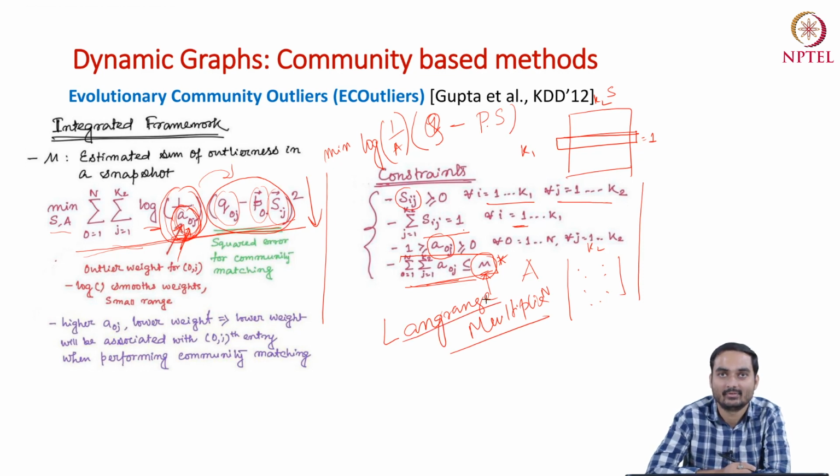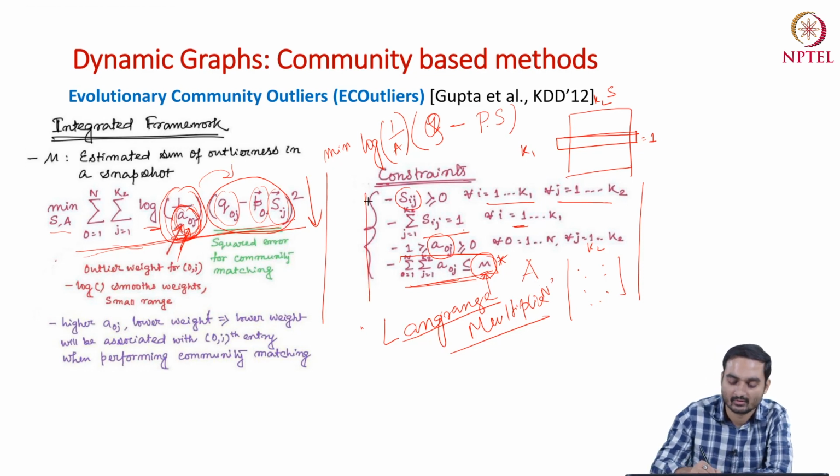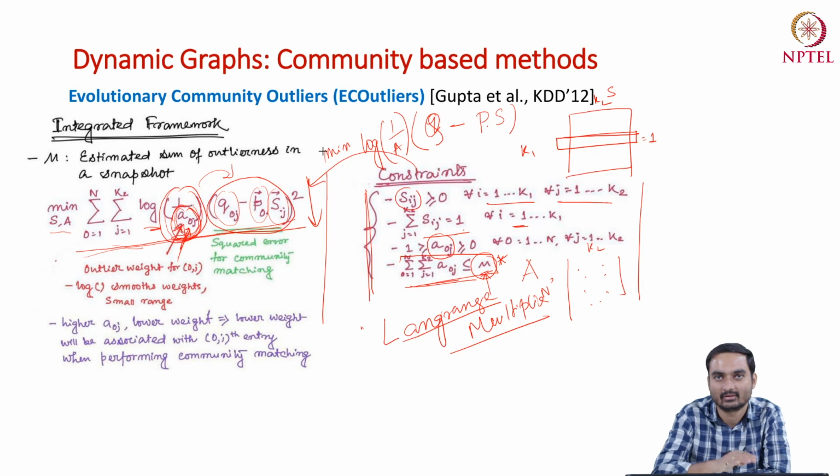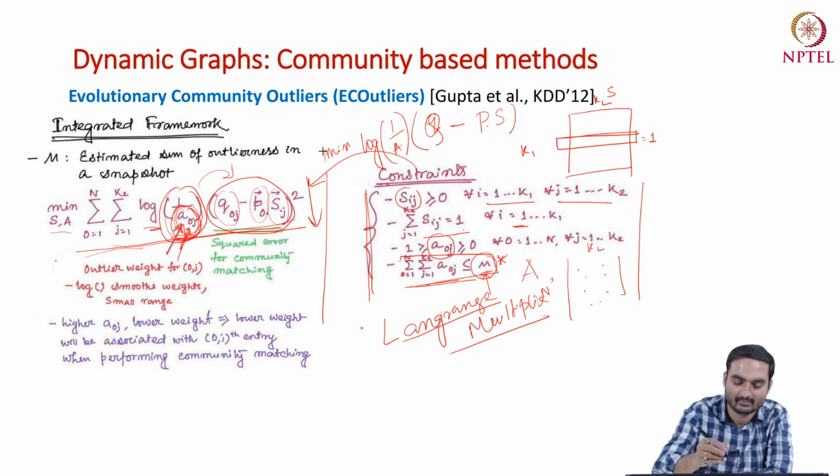If you are familiar with SVM, support vector machine, you should definitely know what a Lagrange multiplier is. It is a way to move all these constraints to the objective function to make a single objective function and reduce the number of constraints.